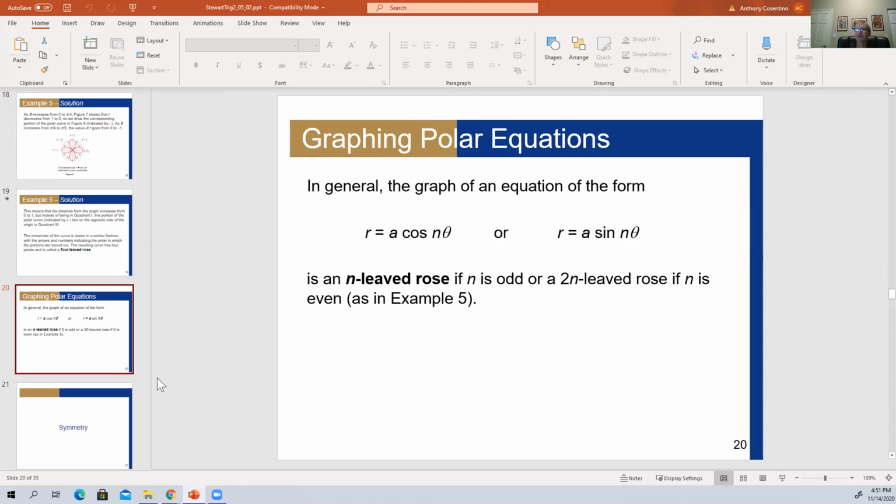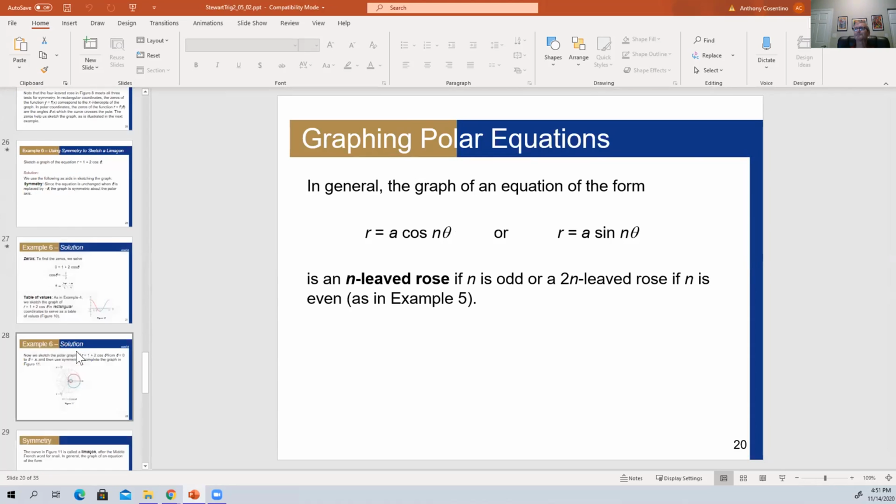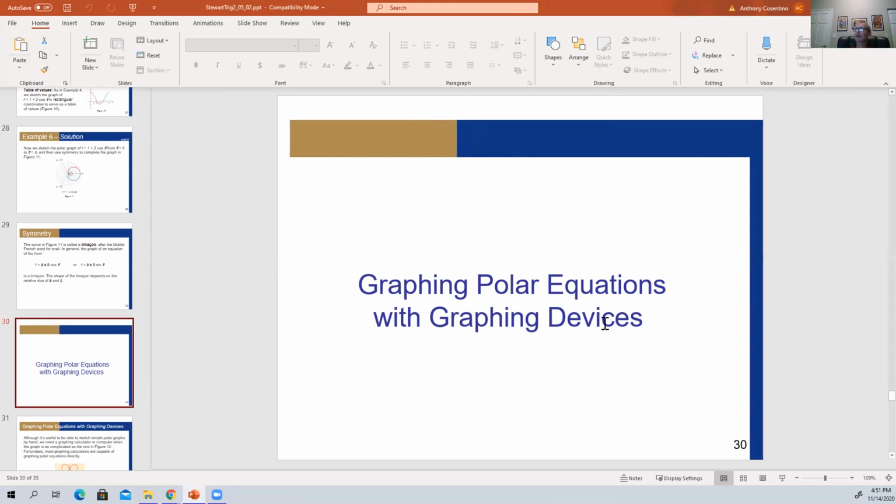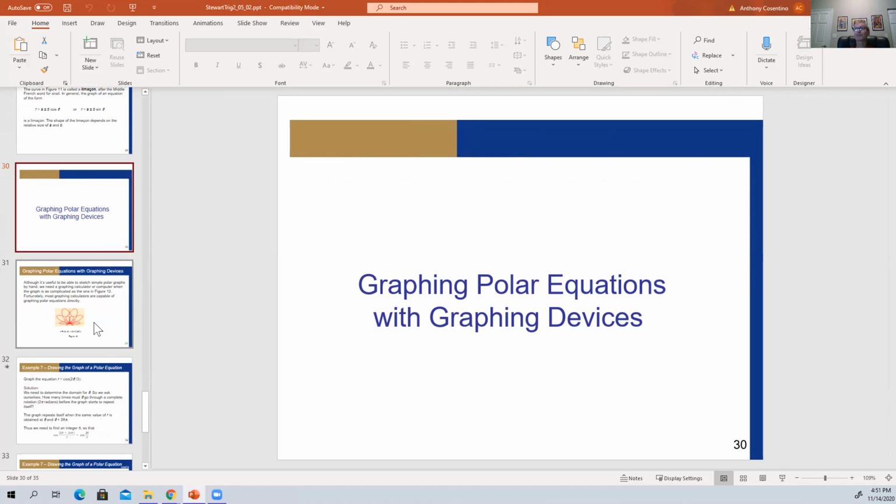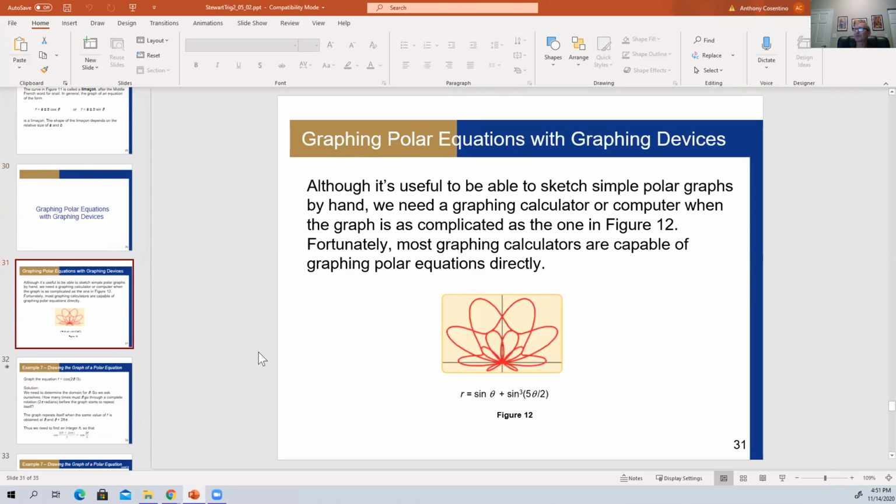So you'll see that using a device, using Desmos or some sort of help with these graphs will be very useful. I mean, to try to do something like that would be almost impossible without a little bit of technology. You can see this is r equals sine of theta plus sine cubed of 5 theta over 2.